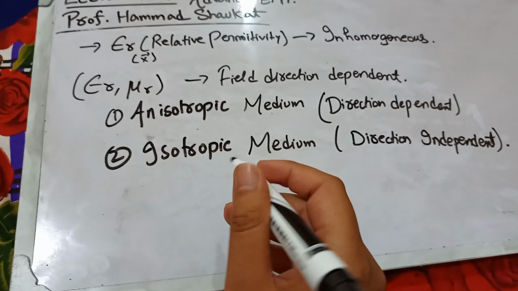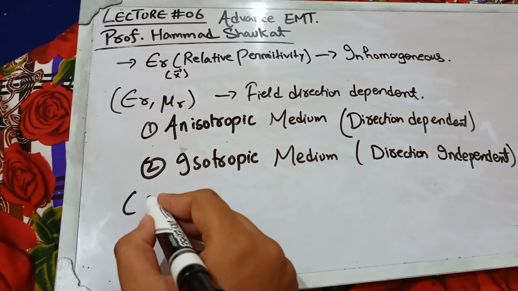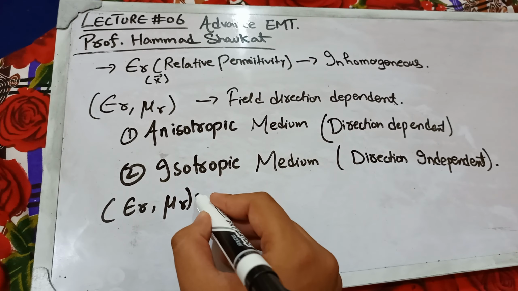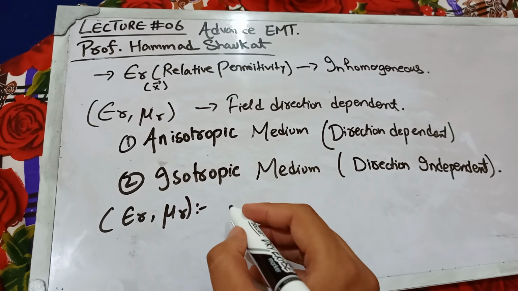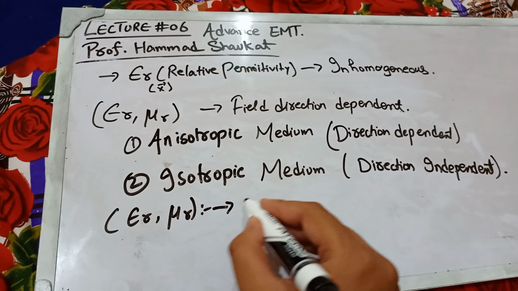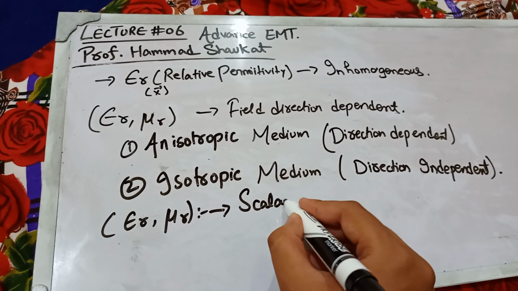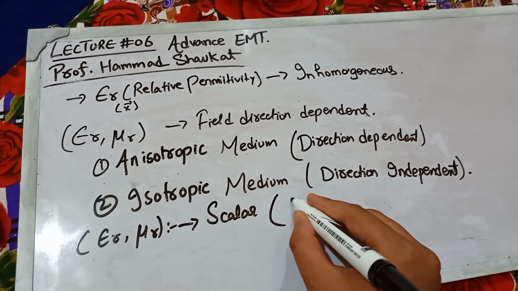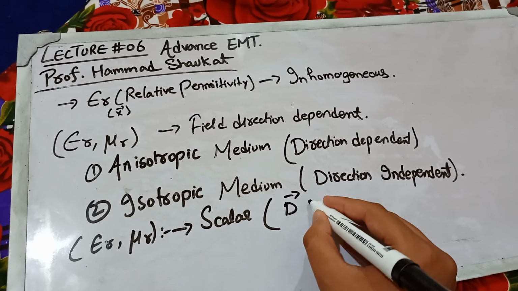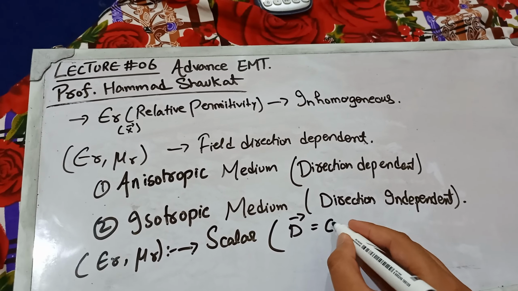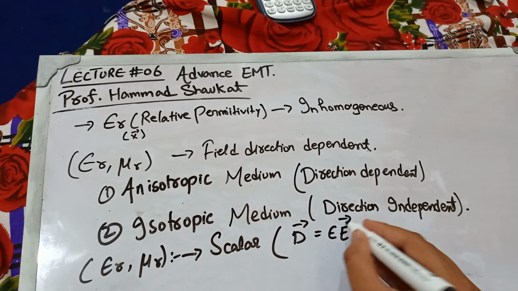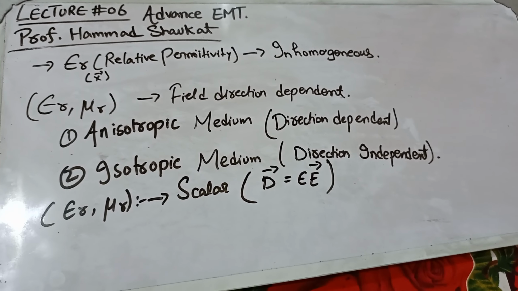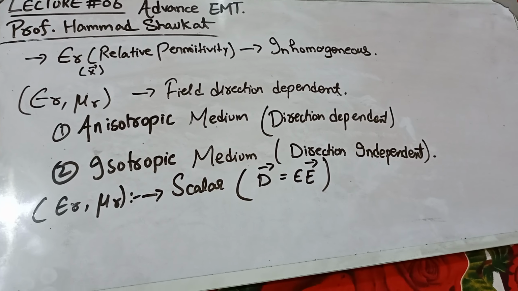Okay, another concept is in the case of epsilon r and mu r. These must be scalar, when both the directions are the same. Like in this equation, the electric displacement D equals epsilon times E. If both the directions are the same, then we can conclude that these are scalar quantities.